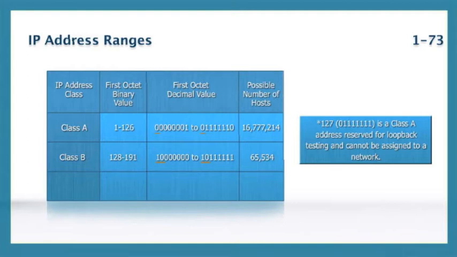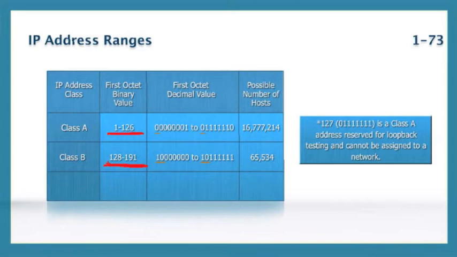By the way, remember I said the first octet's value would be from 1 to 126? And then we'd skip 127 and we'd have 128 to 191?